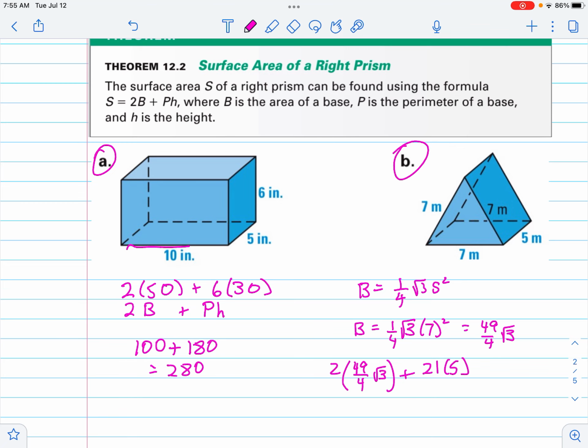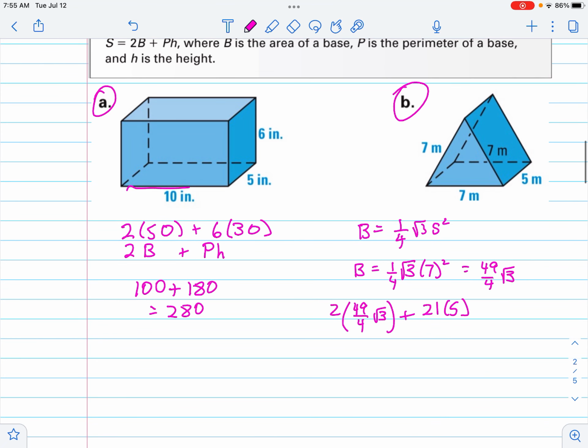So here we've got 49 over 2 square root of 3 plus 21 times 5. That's going to be 105. So that would be the surface area.